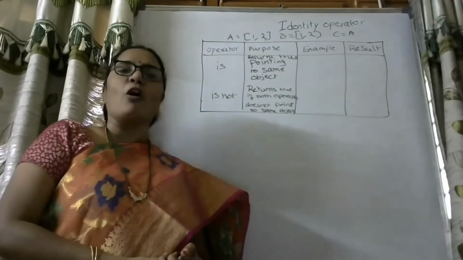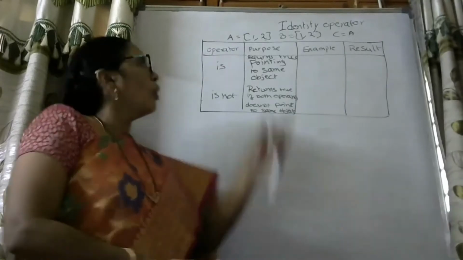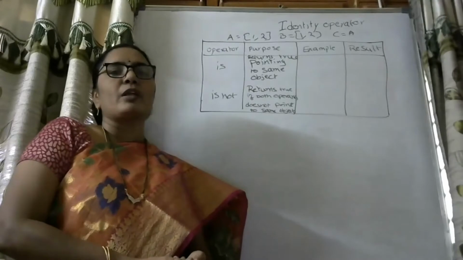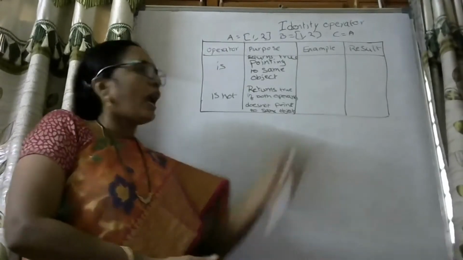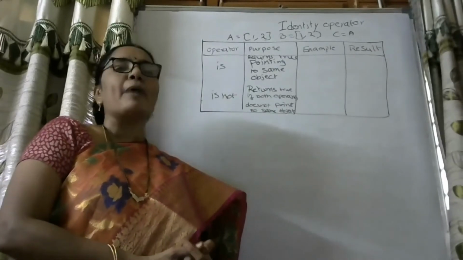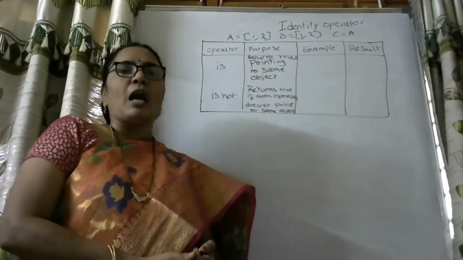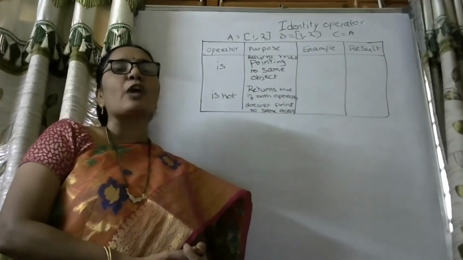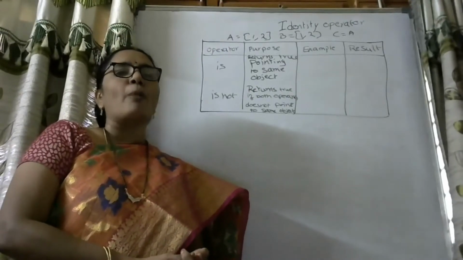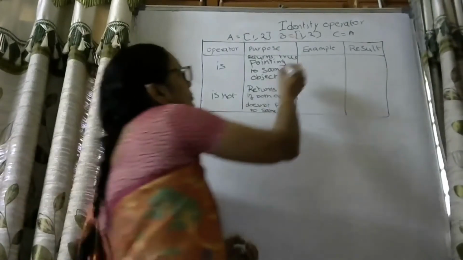A list is a collection of objects. So I have taken a list which contains 1 and 2 as the members of the list. Again, I have taken another list known as B, which also contains the same elements 1, 2. And also I have taken another expression C is equal to A. That means the reference of A is copied to C.